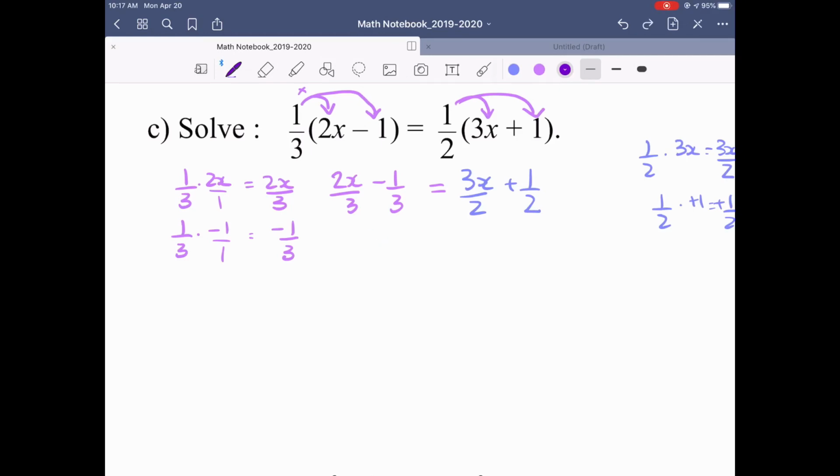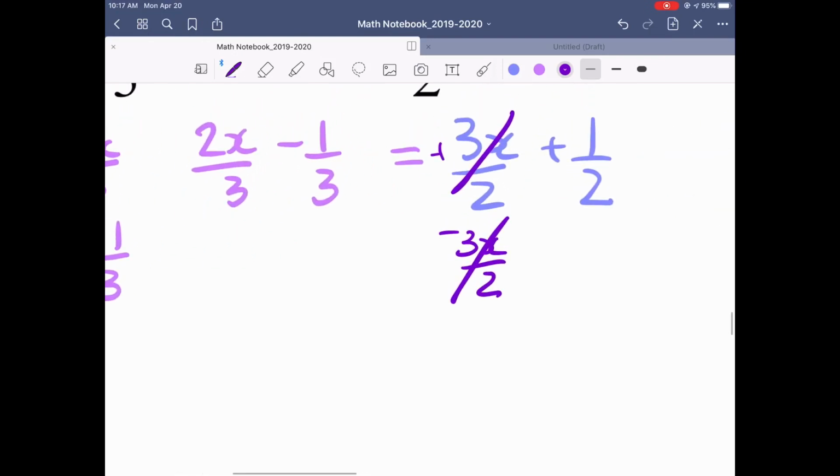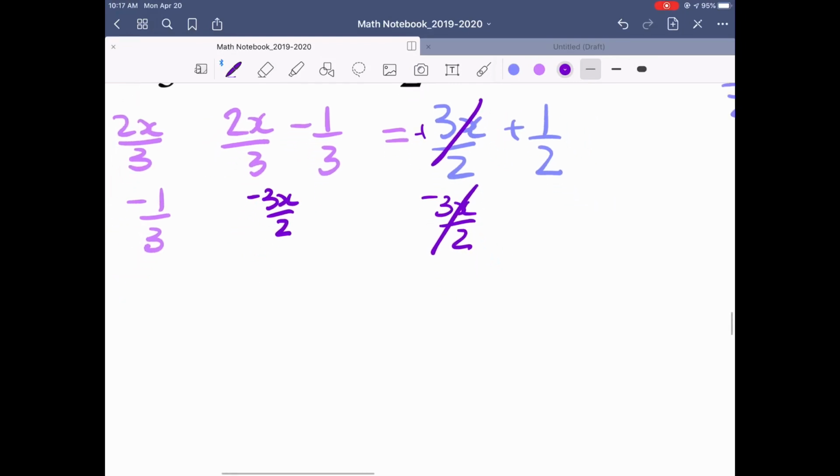Here, 3x over 2 is positive, so I want to subtract 3x over 2 to cancel it out. And what I do to one side, I have to do to the other. So we have here 2x over 3 minus 1/3 minus 3x over 2 equals 1/2.